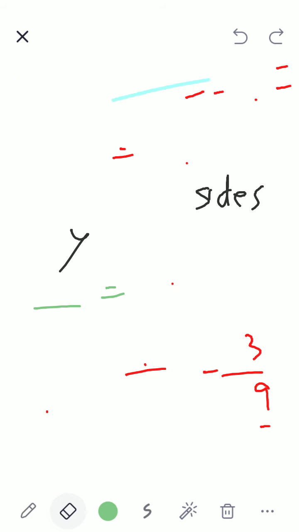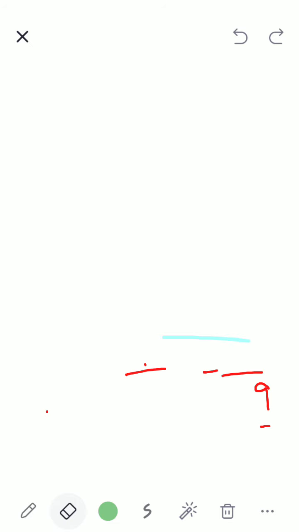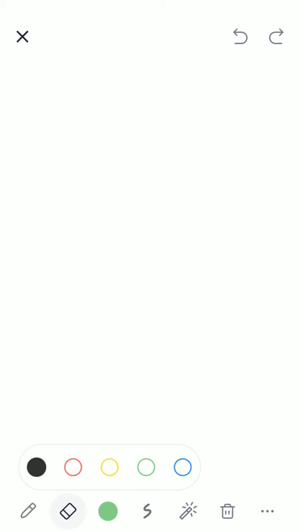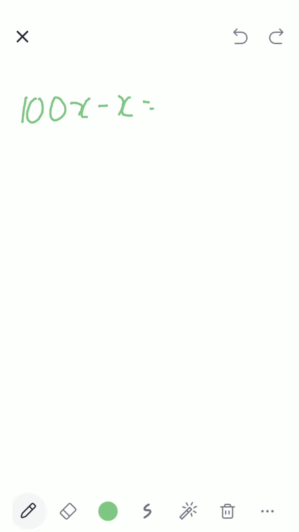So what did I have? What is the green part? 100x equal to 23.53 minus x, correct?